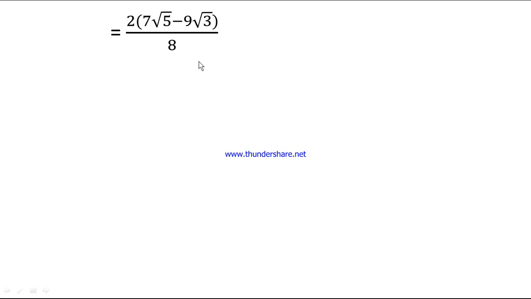And now we have to divide the denominator and numerator by 2, then the result will be 7 root 5 minus 9 root 3 by 4.